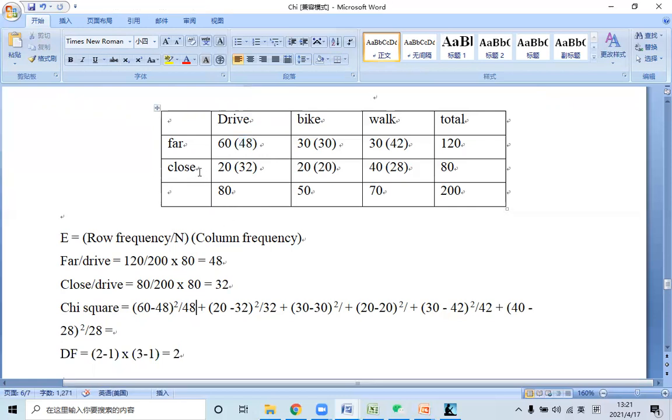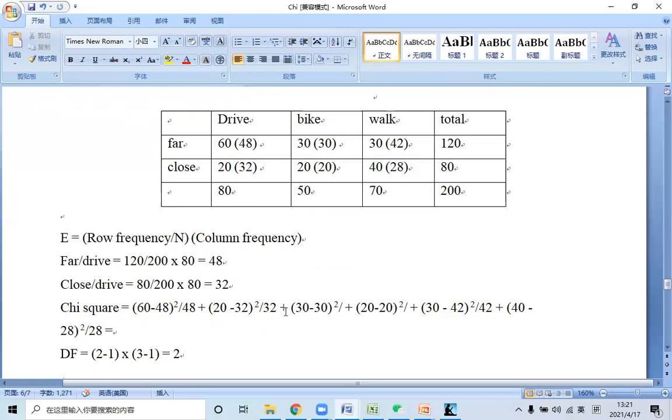And then for those people who live close by and drive, you have the deviation between observation and expected value, the squared deviation divided by the expected value. You would have to do this for all the different cells.